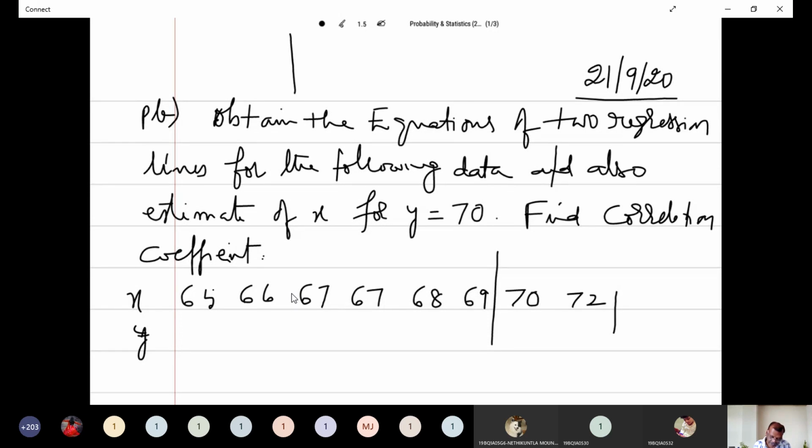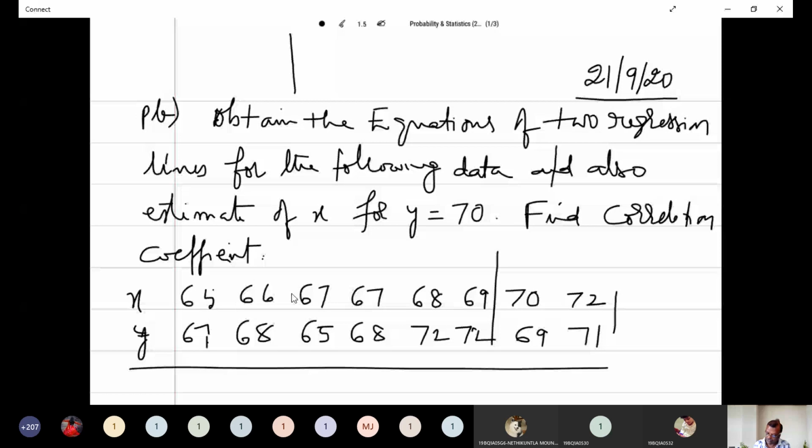And corresponding y values: 67, 68, 65, 68, 72, 72, 69, 71. This is the data.